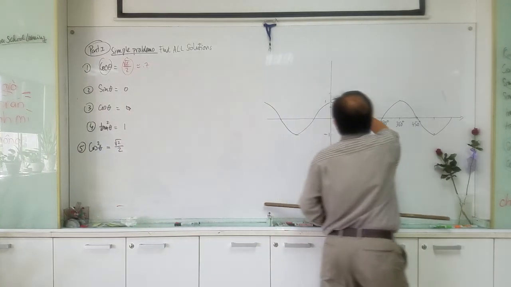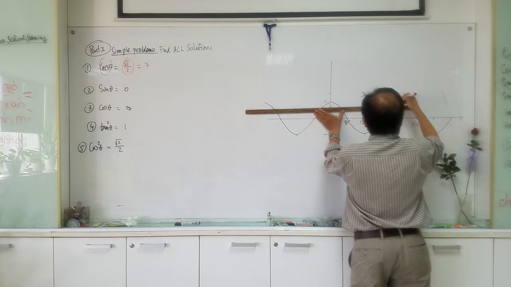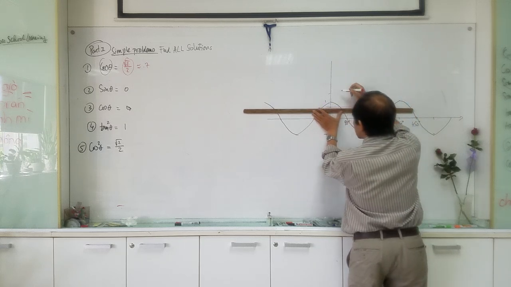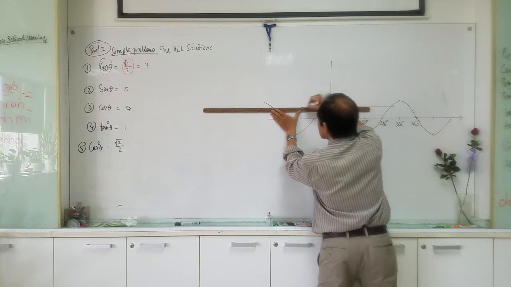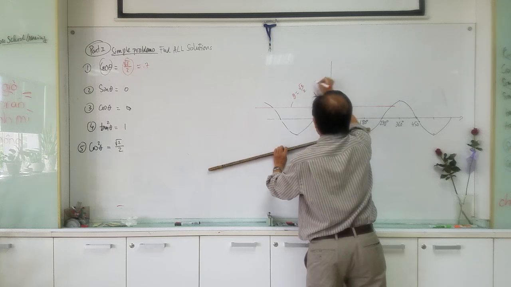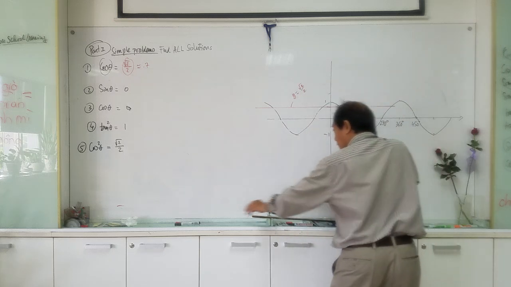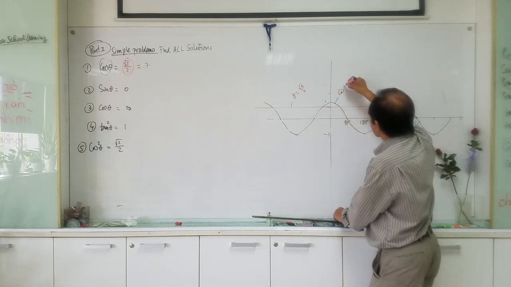So the function root 2 over 2 looks like this, 0.7. Then you draw the line here. Now this one is y equals root 2 over 2, and this one here is cosine theta.